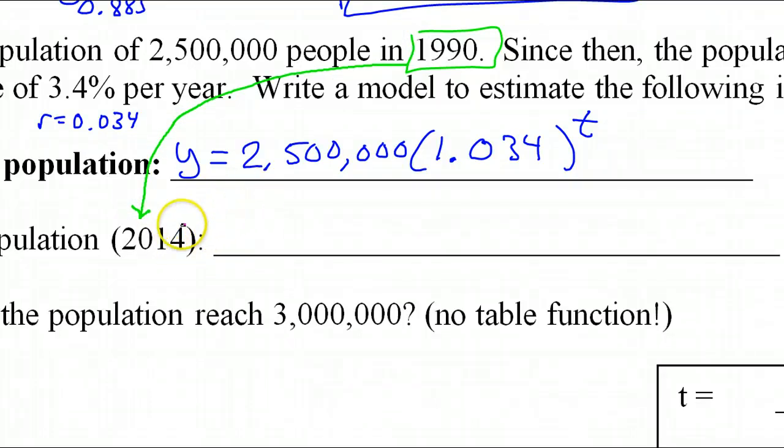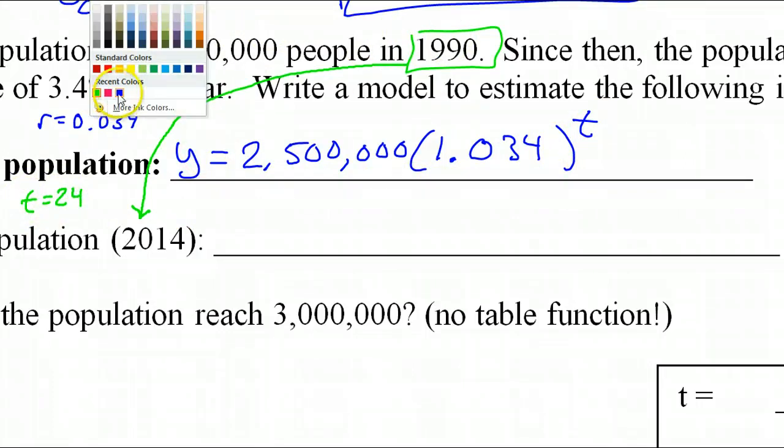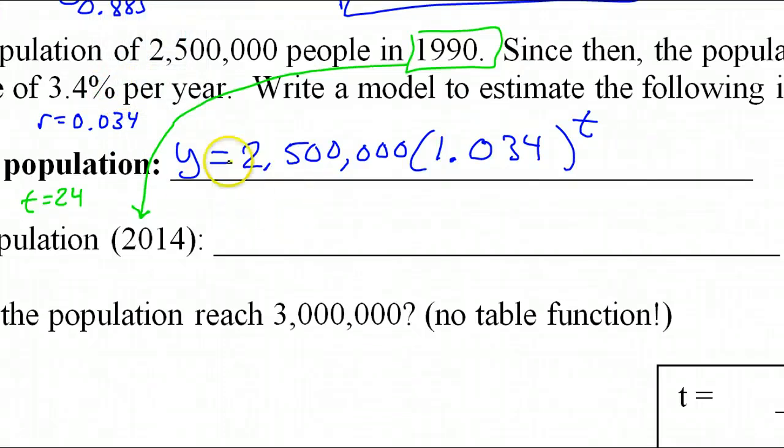So that is 24 years. Right? Yeah, it's 24 years. So t is equal to 24. That's what's happening. So I'm just going to put this in my calculator, but I'm going to let t be 24.